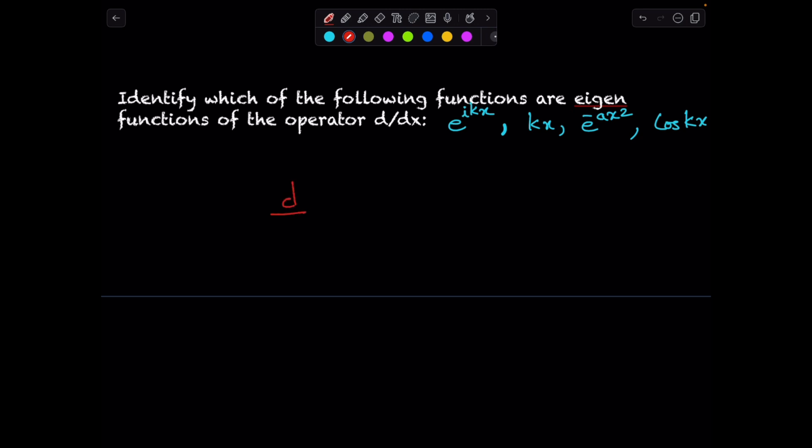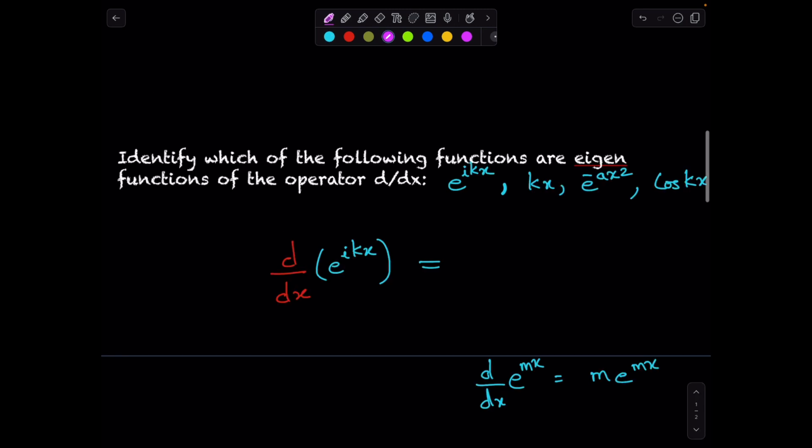So, let's write d by dx, which is the operator, operating on the function e power ikx. d by dx operating on e power mx would be m times e power mx. Applying the same formula, here we get ik times e to the power ikx.